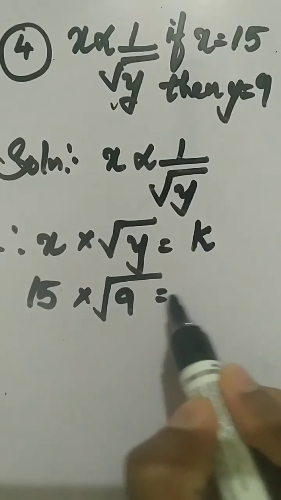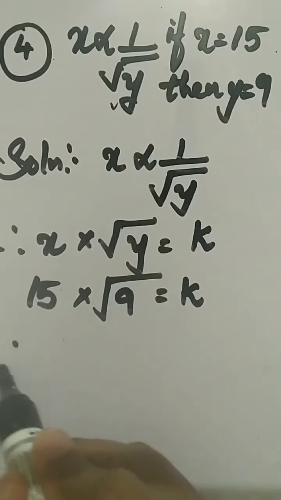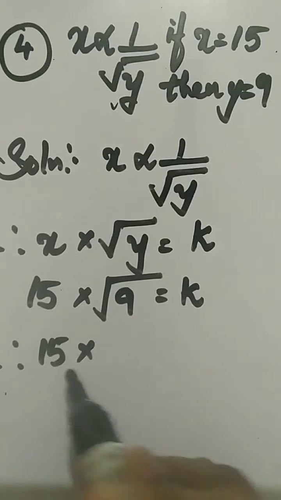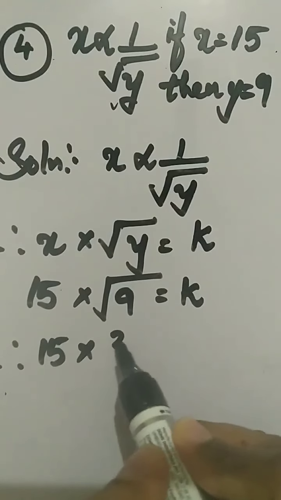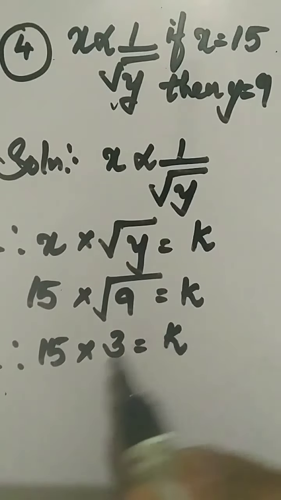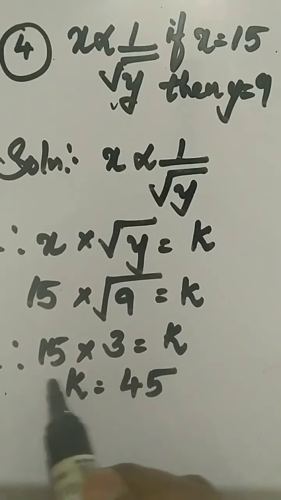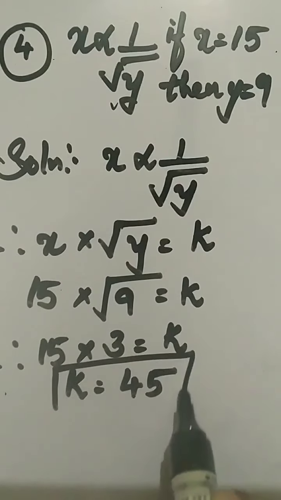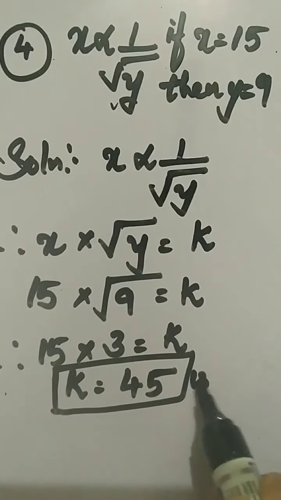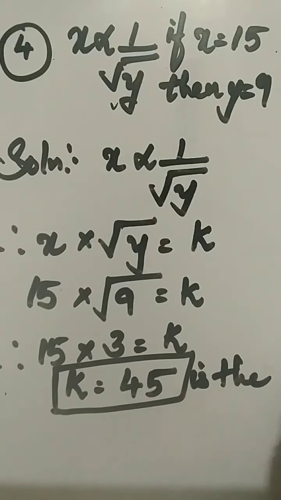So root of 9 is equal to k. So therefore 15 into, what is square root of 9? 3 is equal to k. So k is equal to 45. 15 into 3 is 45. Okay. k is the constant of variation.